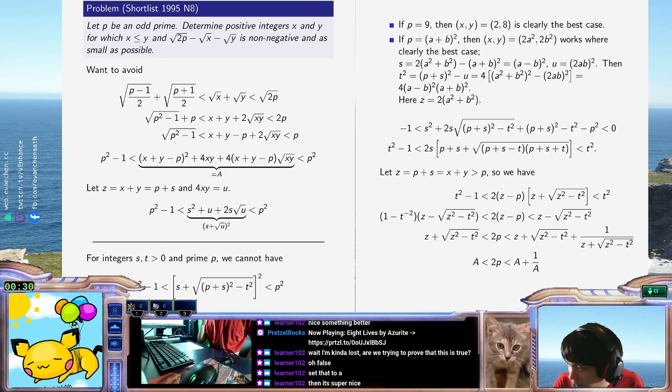I don't think I did though. I think this is okay. Squared, 2s squared, and then 2s.